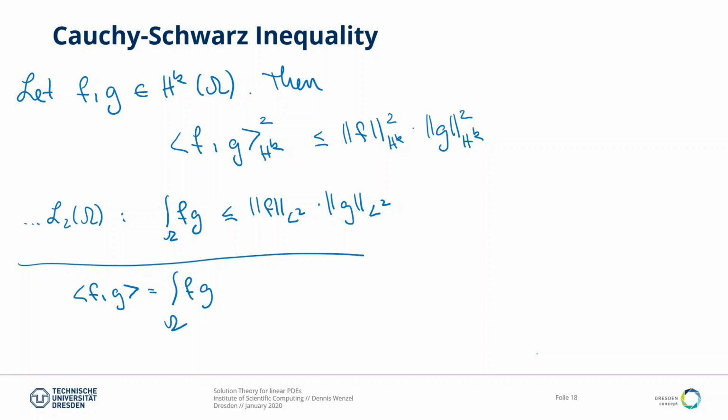And now, with this information, we know that this is well defined, because we can bound this from above by the norm product here. And if f is in L2, then this is smaller than infinity, and if g is in L2, then this is also smaller than infinity, so it's all good. So as soon as you are in L2, this is all well defined.